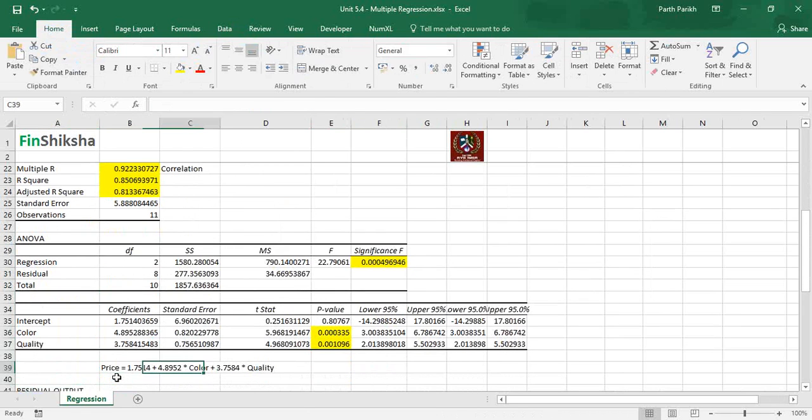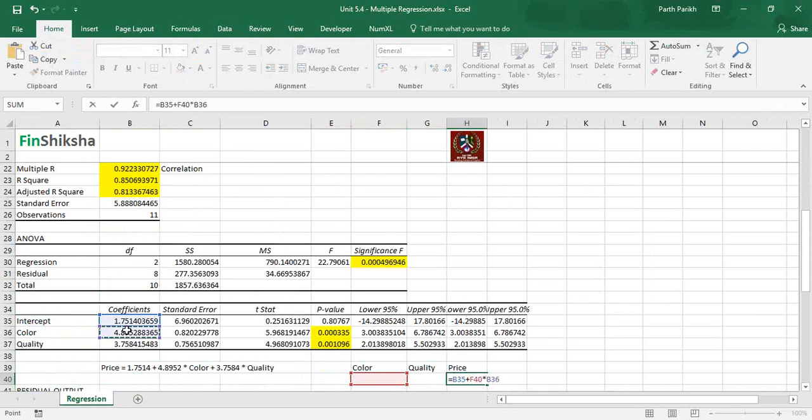Now consider this. My color and quality will be called the input, and my output is my price, and there is the intercept. So the intercept, which is 1.75, plus color times 4.89 plus quality times 3.76.